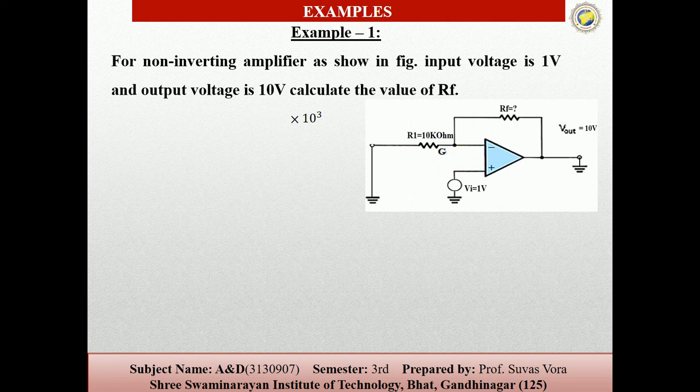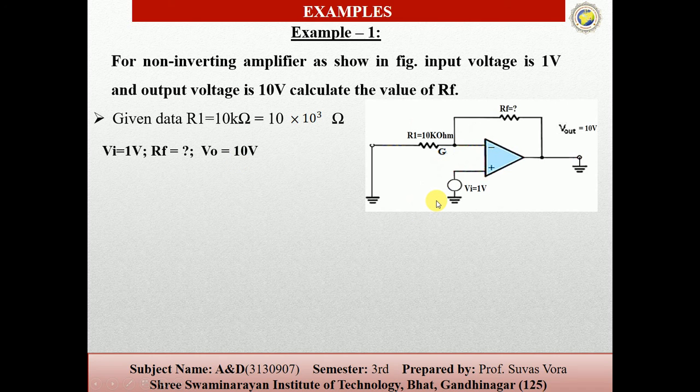If the input voltage is 1 volt and the output voltage is 10 volts, we have to calculate RF. Given data: R1 is equal to 10 kilo ohm, that is 10 into 10⁻³ mega ohms. Vi is equal to the input voltage, 1 volt. We have to find RF, and V0 is given as 10.